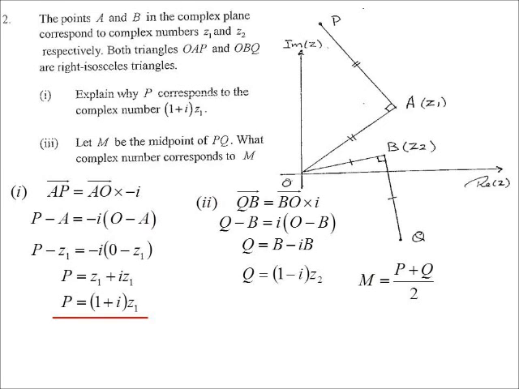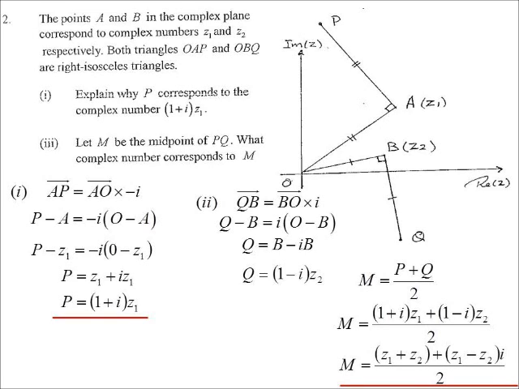Midpoint, add them together, divide by 2. So I get that out. I could leave it like that, I suppose. I think this time I did put it into real and imaginary. So I've got Z1 plus Z2 plus Z1 minus Z2 i, all over 2.